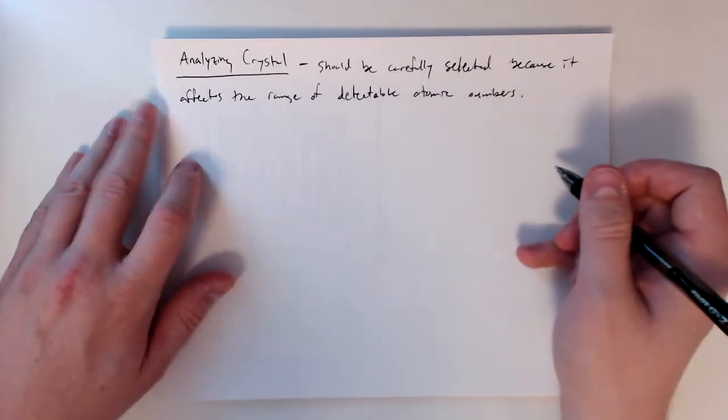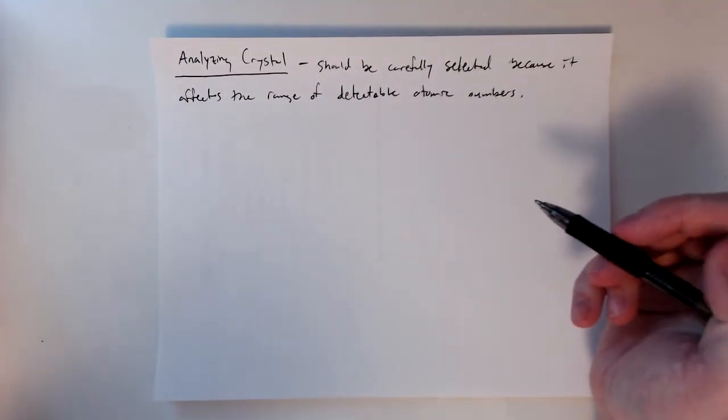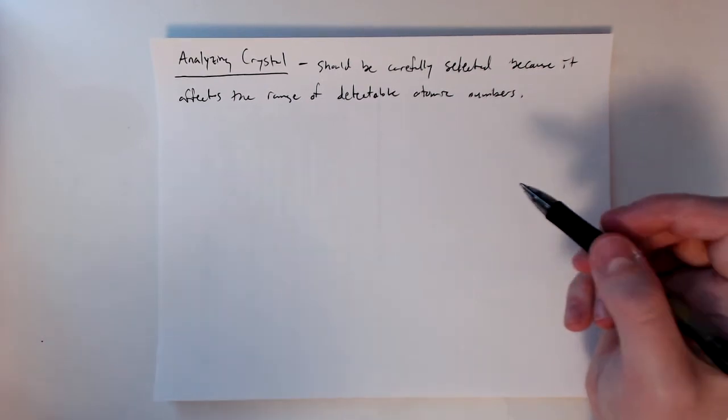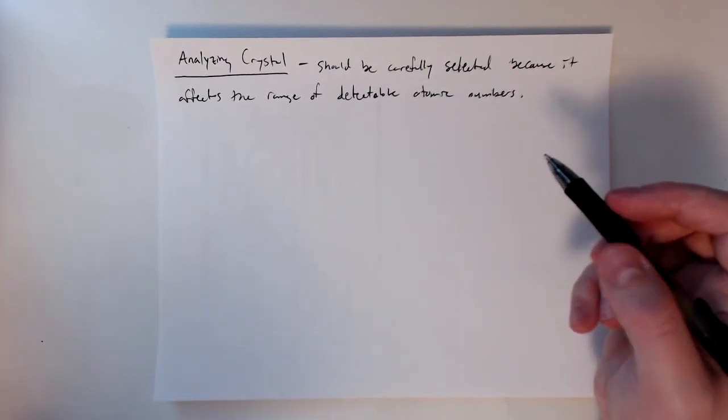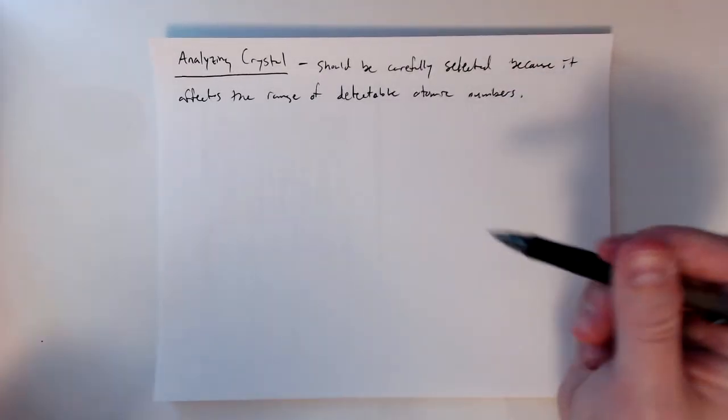So just like the diffractometer experiments, the choice of wavelength affected what kind of d-spacings you could calculate. The same is true here with the crystal and what atomic numbers you can select.